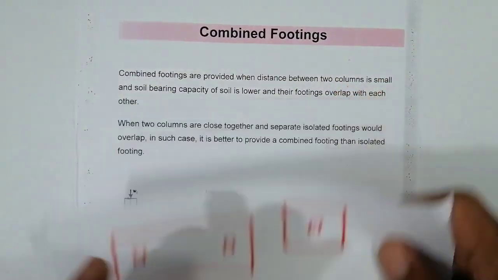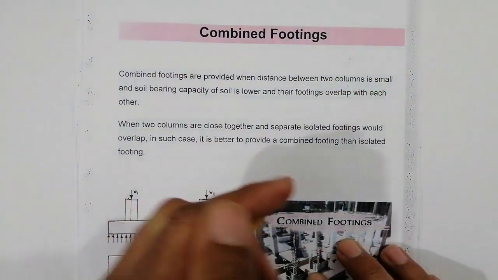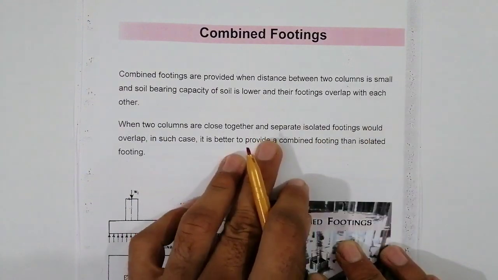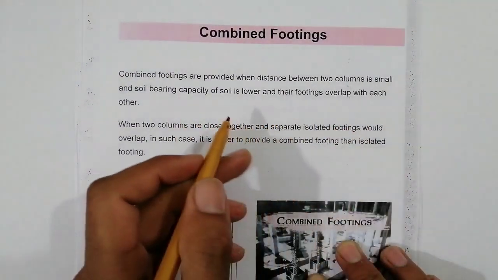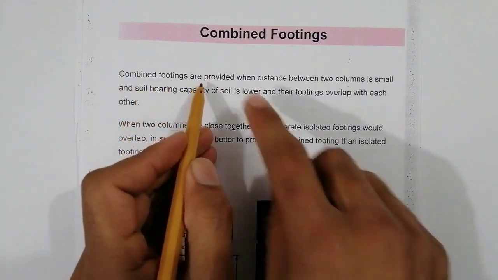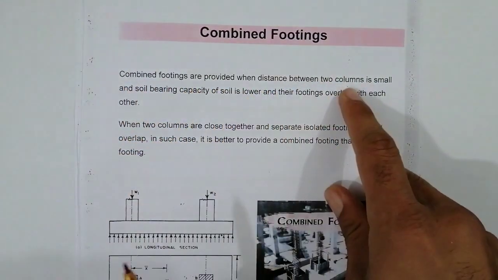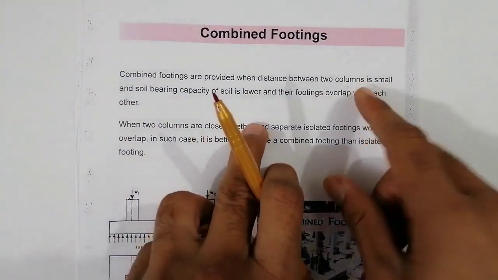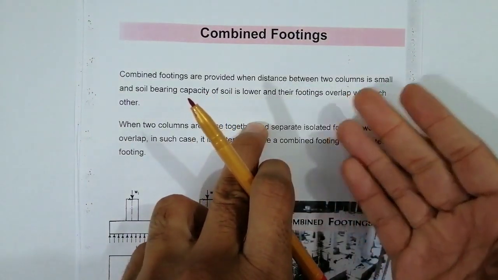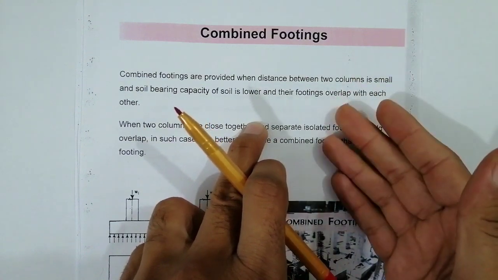So guys, you can see the definition of combined footing. Must watch this video from start to end. Maybe it will take more time, but this is a very interesting topic. Combined footings are provided when the distance between two columns is small. If the distance between two columns is small, there we provide a combined footing.